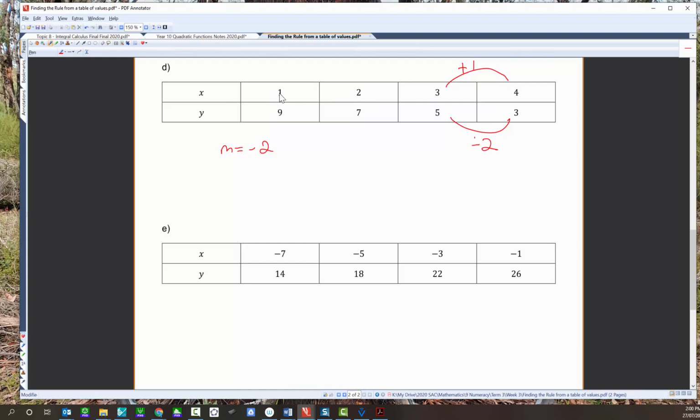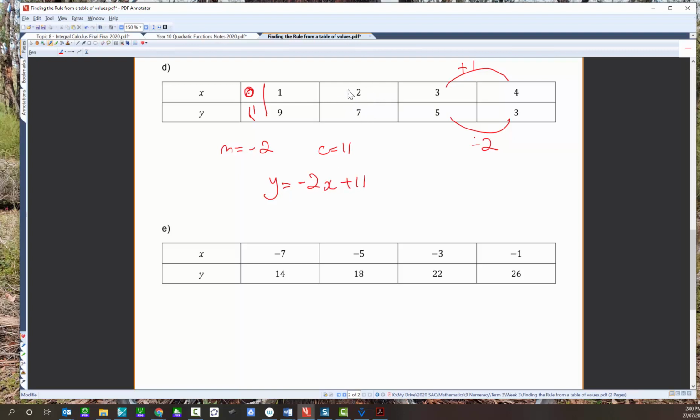But hang on a minute, if I write an entry here, I can just complete the pattern. So I'm going to put another cell in here and write down 0. Then I look at the pattern. I can see it goes 3, 5, 7, 9. This one must be 11. So when x is 0, the y value, I believe, will be 11. That means our c value is 11. Let's write our equation, or what we believe it to be: y equals negative 2x plus 11.